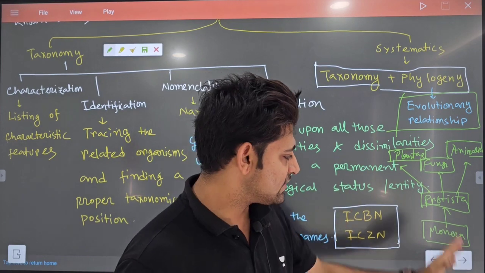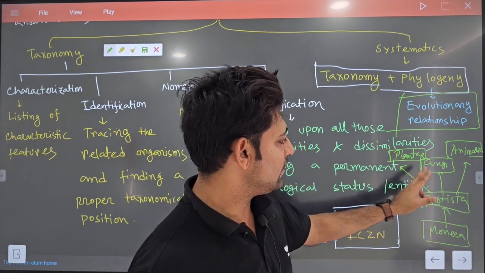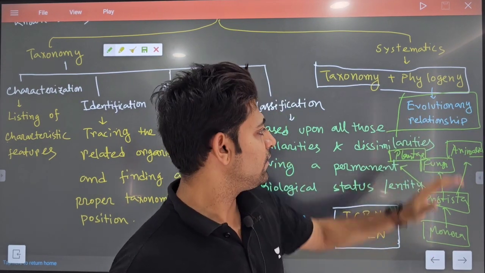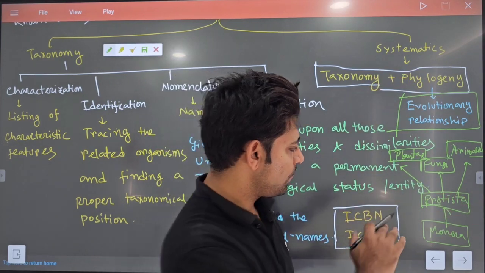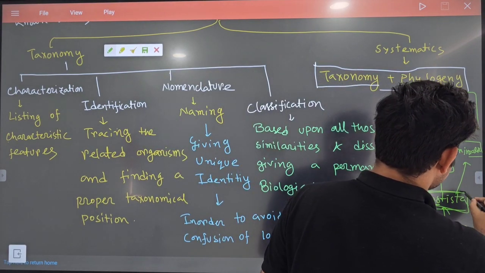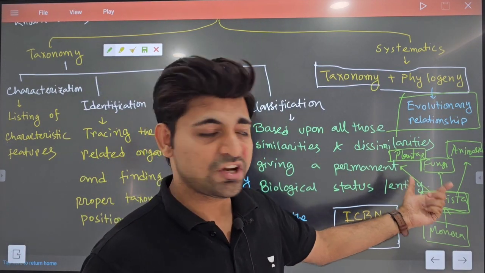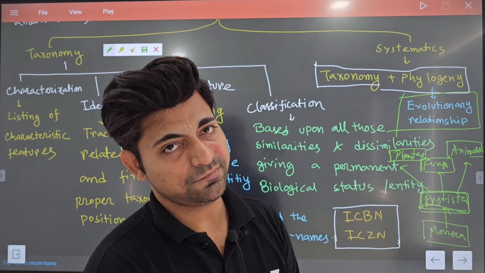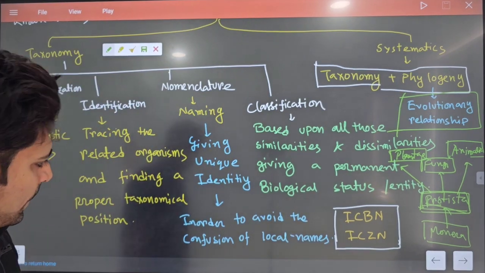Now, while he placed them according to origin, Monera first and Animalia last, this tree formation, this roadmap formation, is about evolutionary relationship. Protista is the junction. From this tree we can say that Protista is the junction. From Protista we got Fungi, we got Plantae, we got Animalia. So this is called phylogeny.